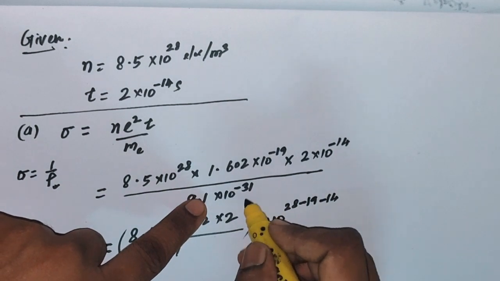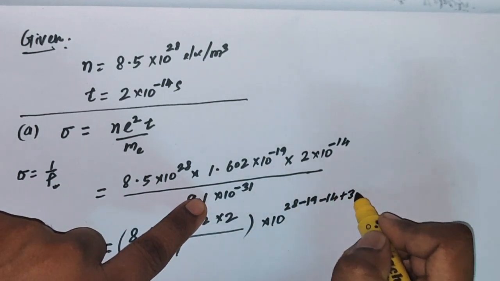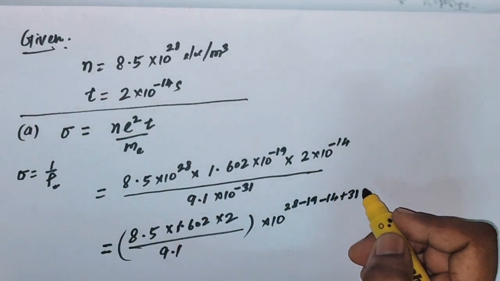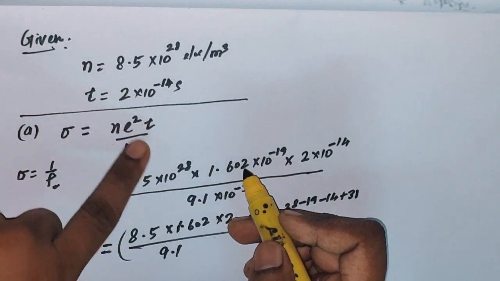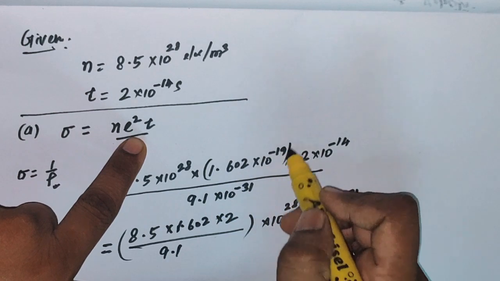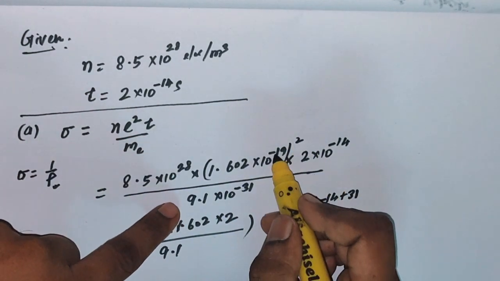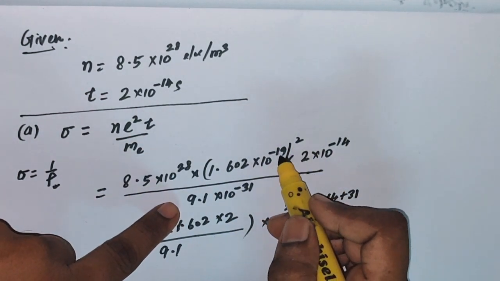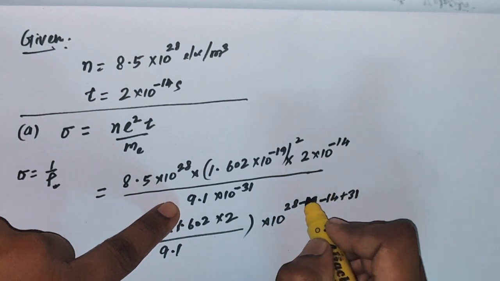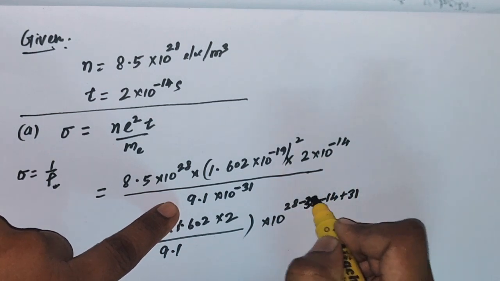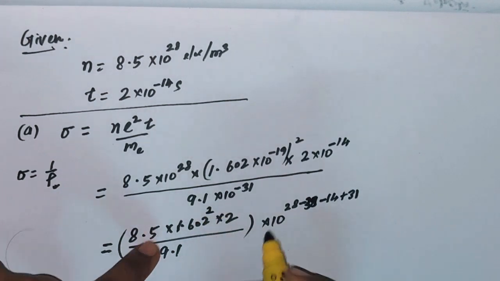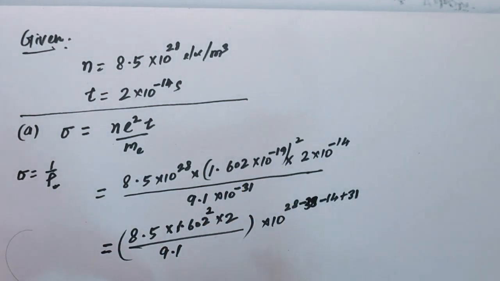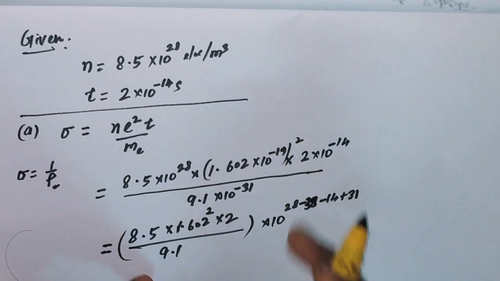The denominator is 10 power minus 31; pushing it into the numerator, it becomes plus 31. Now, actually it's e square, that is the one thing we forgot. So we have to square this value. Squaring 10 power minus 19 gives minus 38, and 1.602 is also squared.